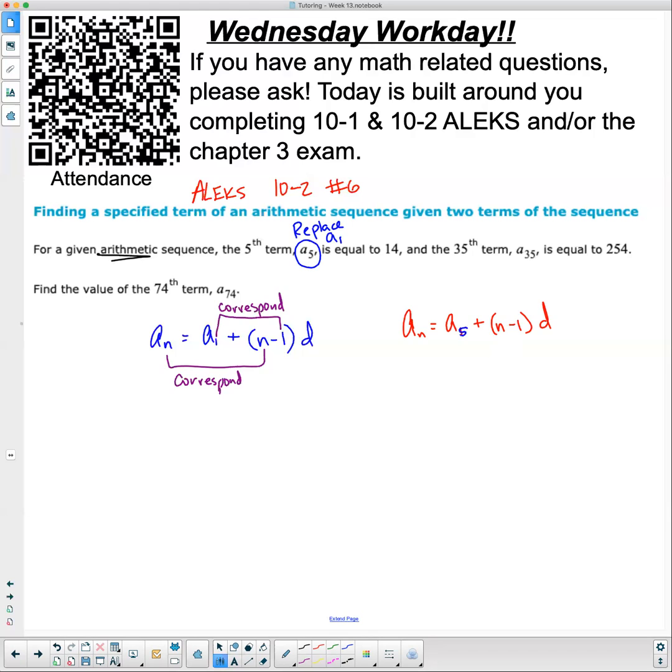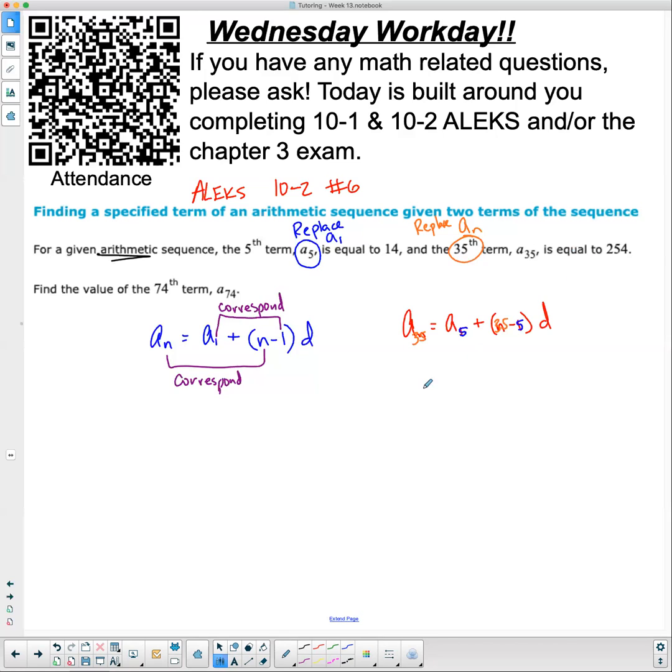So I'm going to put an A5 there, which means this is going to be an n minus 5. And then I'm going to use A35 as a replacement for A n, so this is going to be a 35.